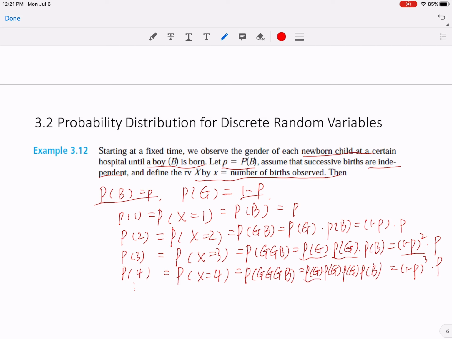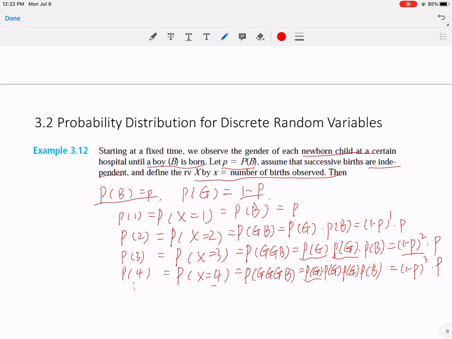Now, we can put this in a general form. We can tell that when x is equal to 2, the power of 1 minus p is 1, which is 2 minus 1. When x is equal to 3, the power of 1 minus p is 2, which is 3 minus 1.